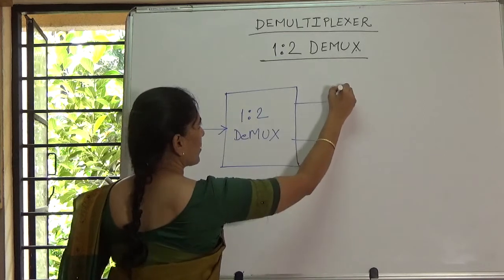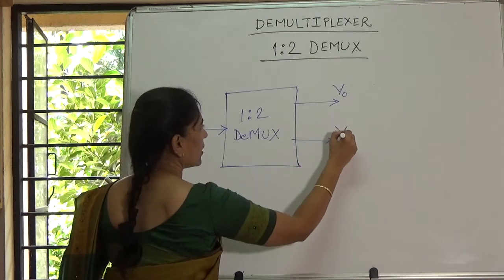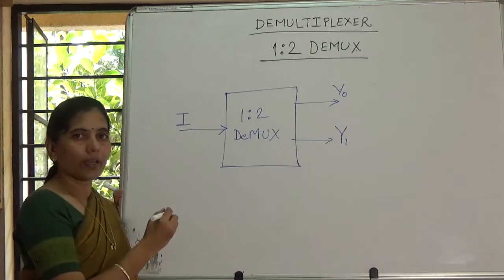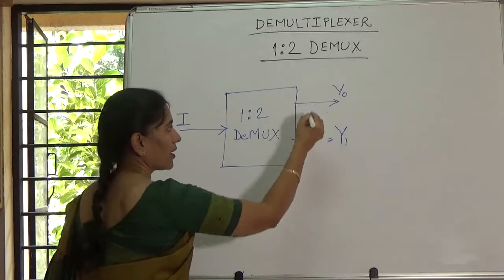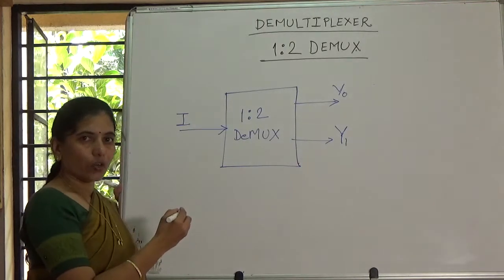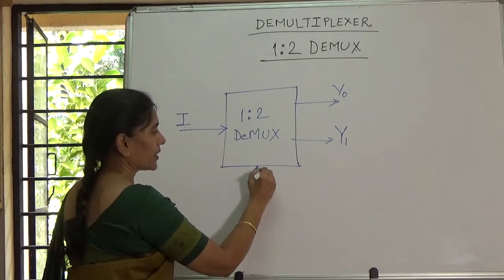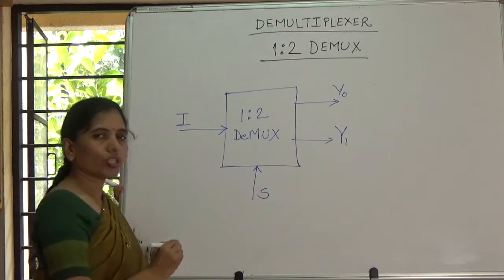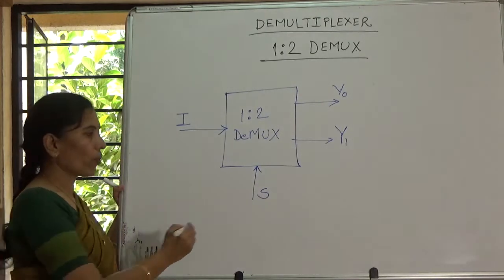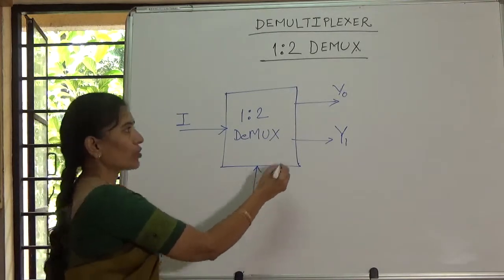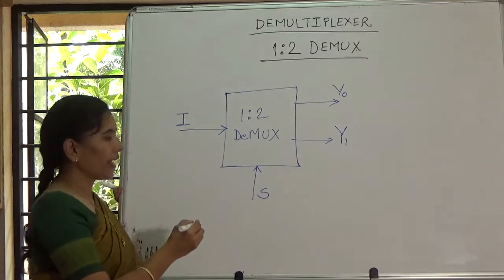Let's call them Y0 and Y1. And to select the output line, we will require one select line which is denoted as S. Only one select line is enough to select one of the two output lines.